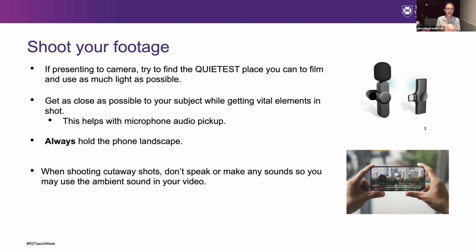If you're outside, you probably can't do much about it, but you might have to get a bit closer to the person. If you're in a quiet room, that's not so bad. You probably don't have to worry too much. You might get a little bit of echoing, so try to be in a room that has curtains or other stuff in it, so the audio isn't bouncing off the walls.